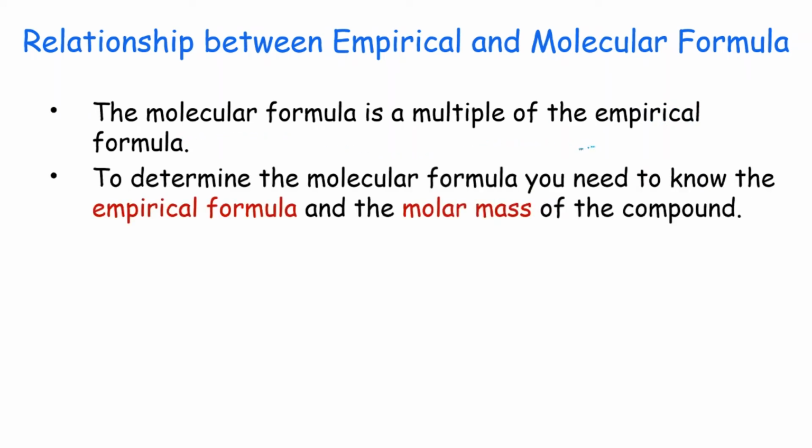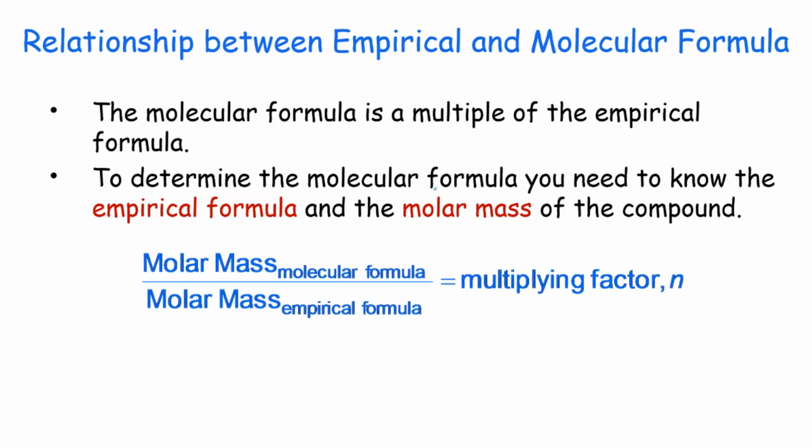So if we know the empirical formula and the molar mass, we should be able to determine the molecular formula using this equation: molar mass of molecular formula over molar mass of empirical formula, because the molar mass of the molecular formula should be at least equal or higher than that of the empirical formula.